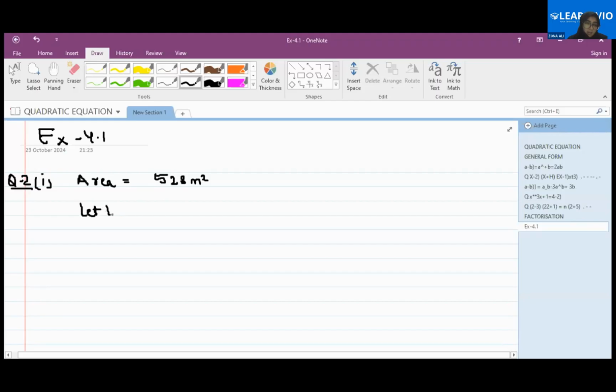So let the breadth of a rectangle be x. Now they are giving me the relation between length and the breadth, and asking the value of length and the breadth.